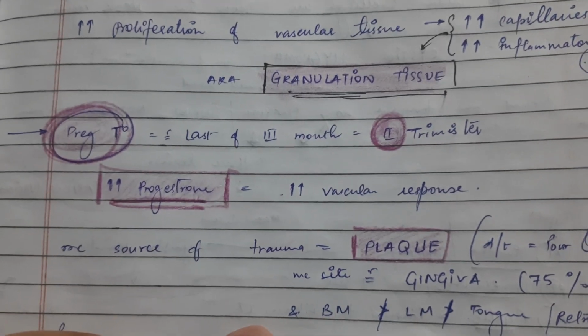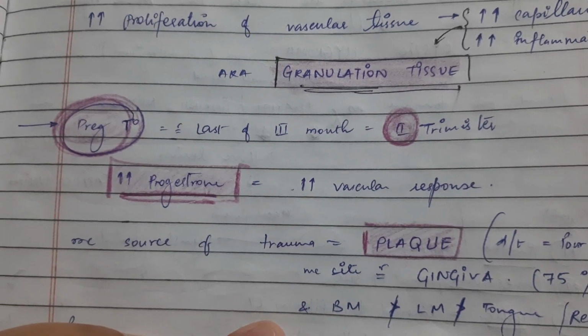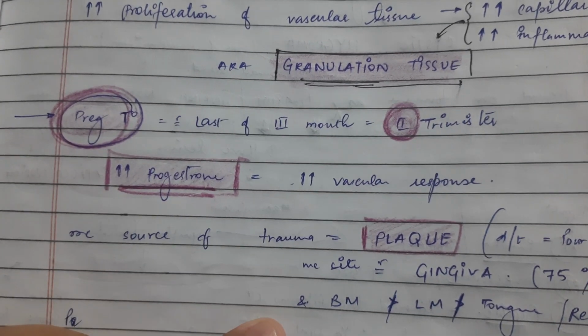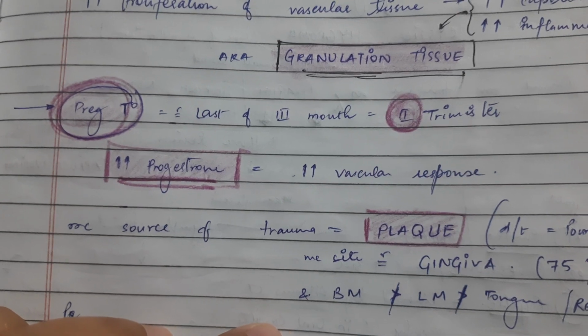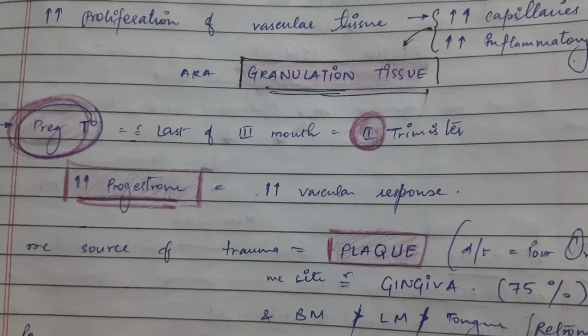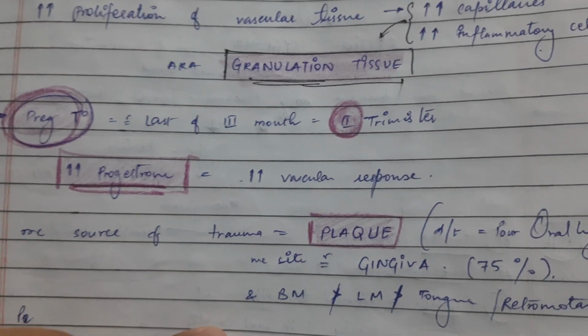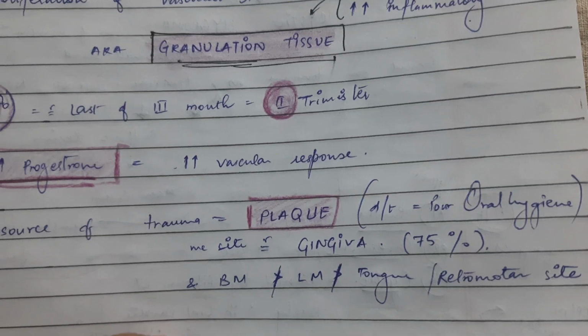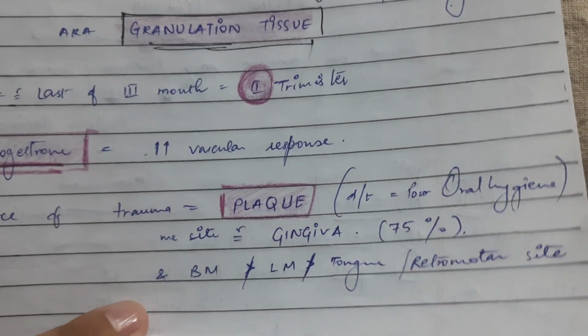It is called pregnancy tumor because it is seen at the end of the third month or second trimester. Increased progesterone level causes increased vascular response. Most common source of trauma is plaque due to poor oral hygiene. Gingiva 75%, buccal mucosa, labial, tongue.